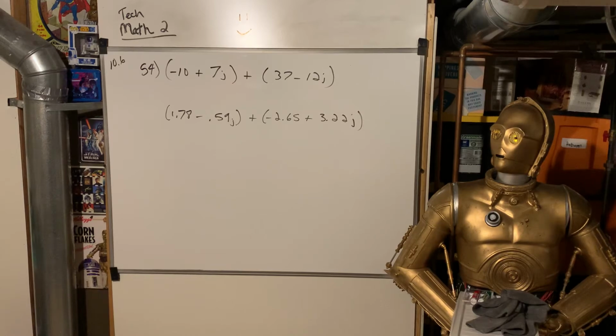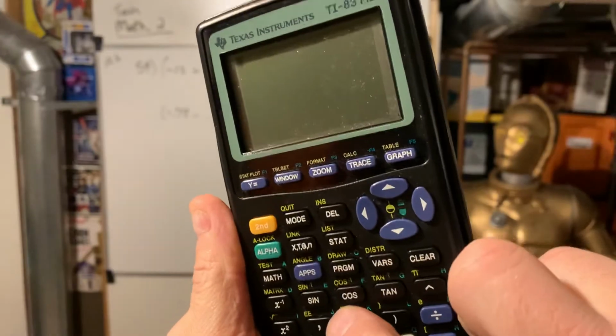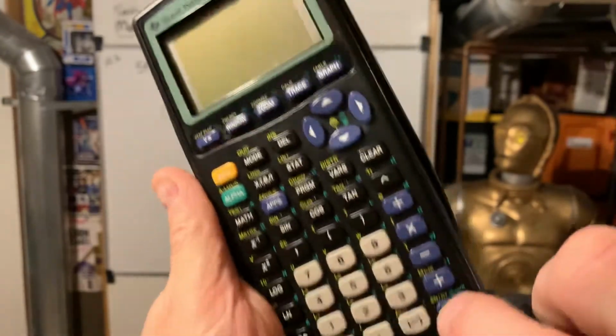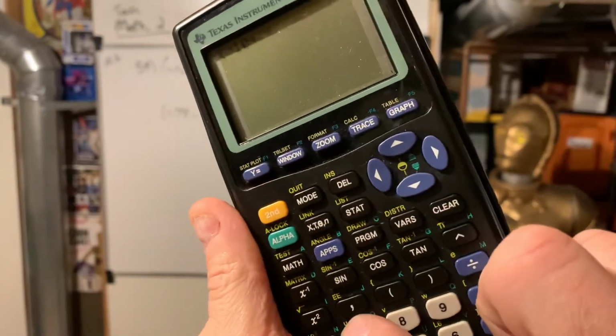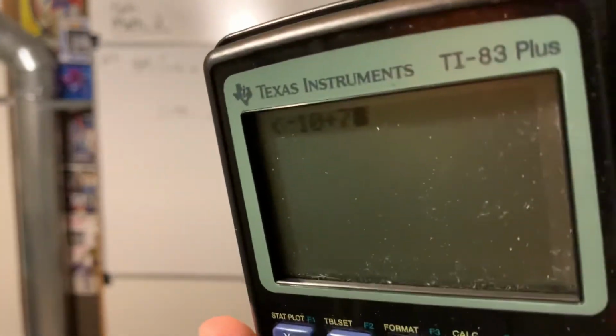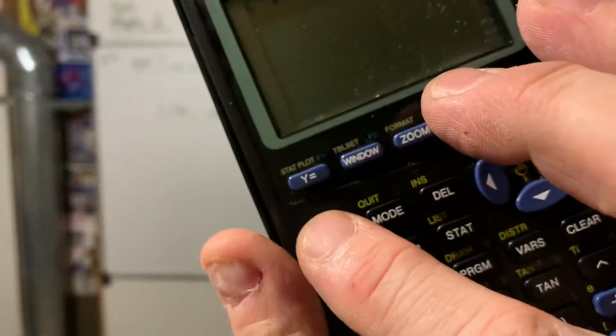So where is the imaginary? There it is. Okay, so look, we can type this in just as it is on the board. Parenthesis, negative 10 plus 7, and now I want an i there. If you take a look right there, there's an i, but I have to do the yellow.